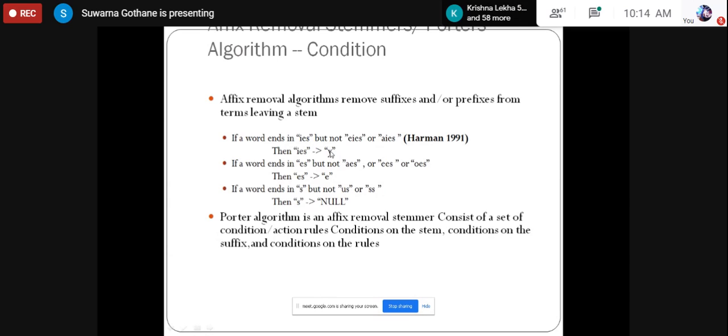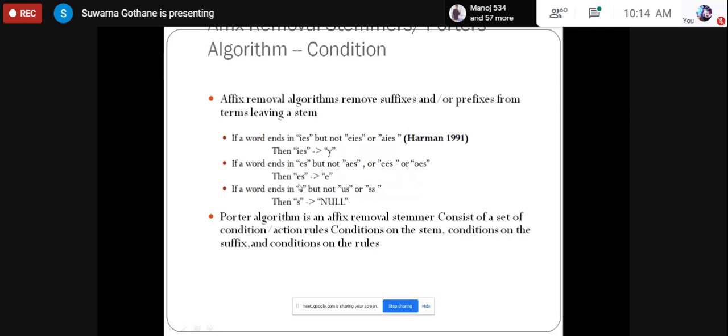If it is ending with IES, it will replace it with Y. If any word is ending with ES, it will replace it with E, but this is not considered for AES, EES or OES.